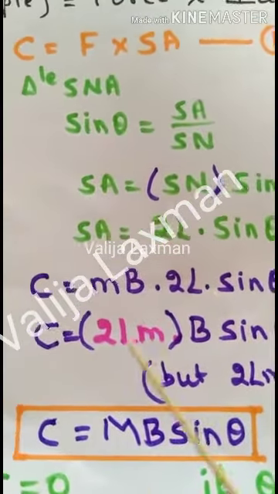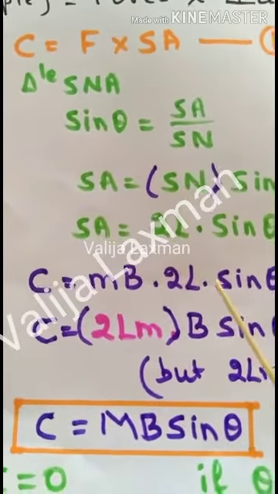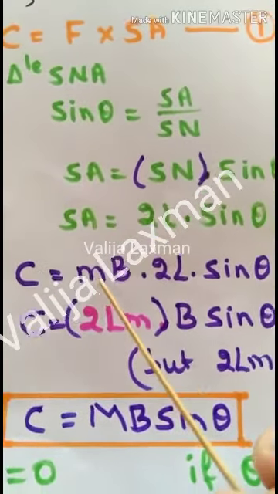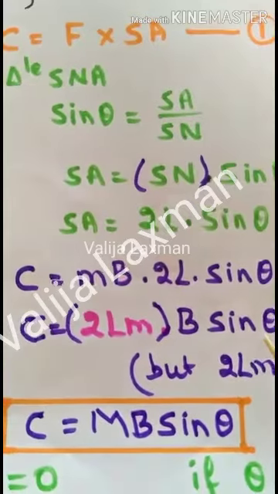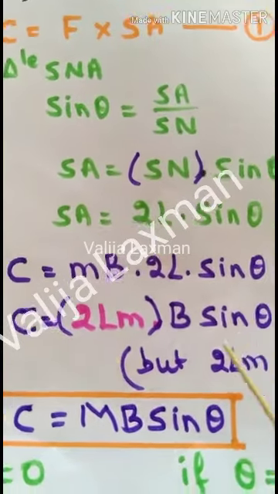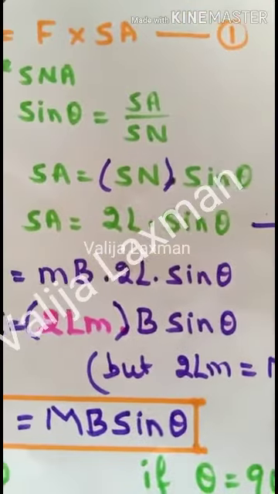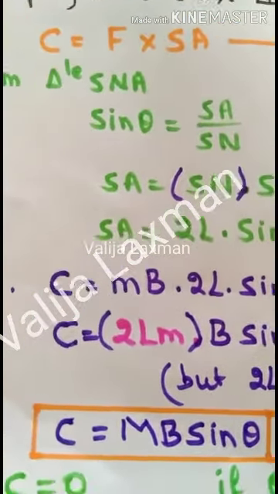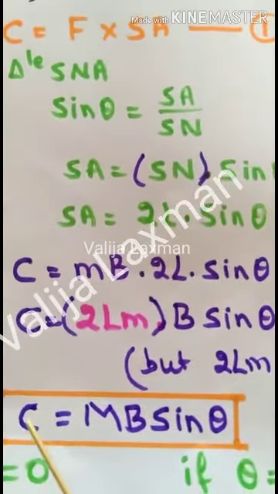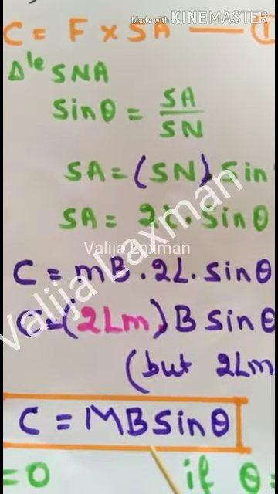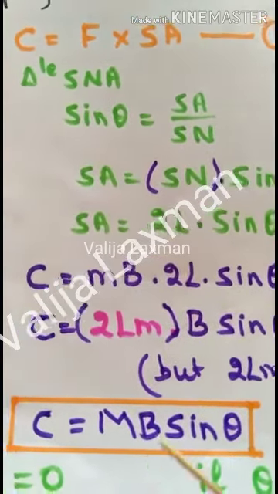Just rearranging the terms, C is equal to 2l into m into B into sin theta. But already we know that 2l into small m is nothing but capital M, the magnetic moment. Now substituting that we are getting C is equal to capital M capital B into sin theta.